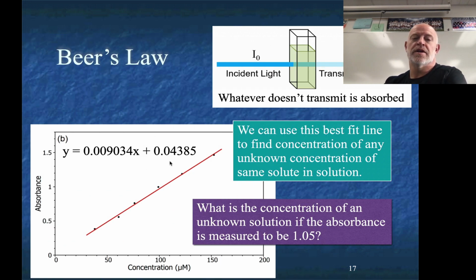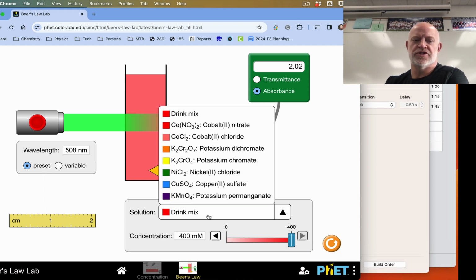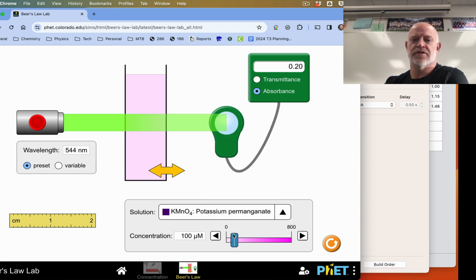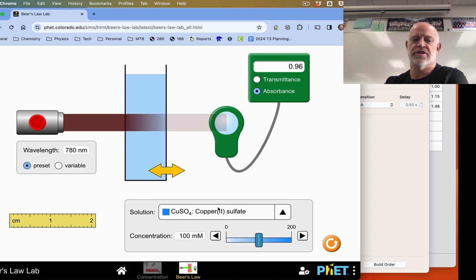Now, last thing, every single solute has a different line. So this is not the same equation for everything. If we go back to our PhET animation and change this to potassium permanganate, notice how the numbers change. If we change this to copper sulfate, see how the number changes. You change this to nickel chloride, it changes.